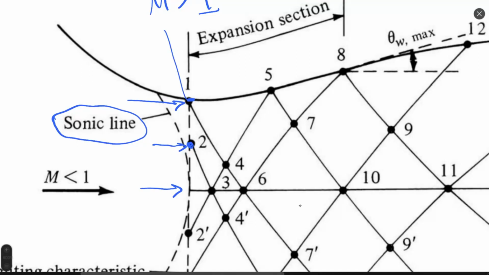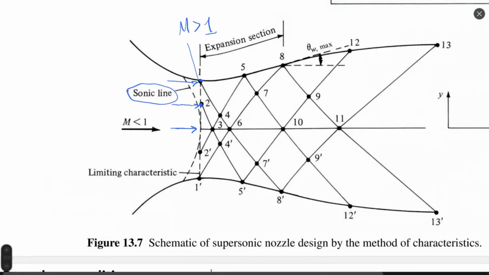The size of the vector which I draw here does not exactly represent the value of velocity, it just represents the direction of velocity. How much the values at points 1 and 2 will be depends a lot on the geometry of the nozzle. We cannot say definitively that Mach 1 will be bigger than Mach 2 or Mach 2 bigger than Mach 1. Unfortunately, I saw cases where Mach 1 is bigger than Mach 2, Mach 2 is bigger than Mach 1, or some cases in which they are equal.